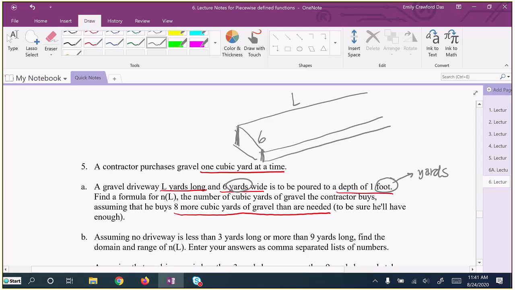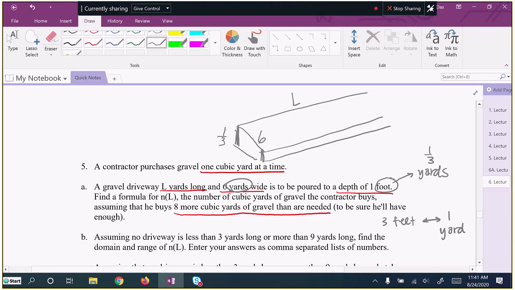So 1 foot, well, we know that 3 feet is 1 yard. So if I only have 1 foot, that should be 1/3 yards. Okay. And this essentially becomes a formula for the volume of this rectangular solid.